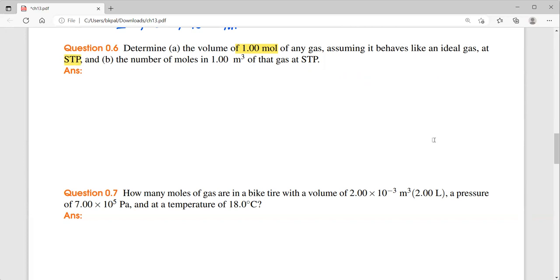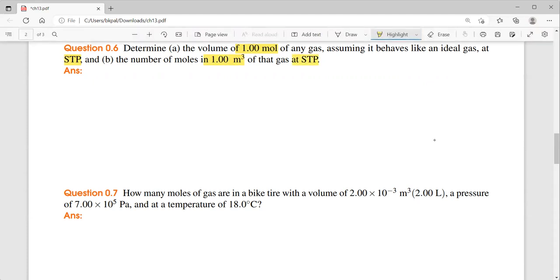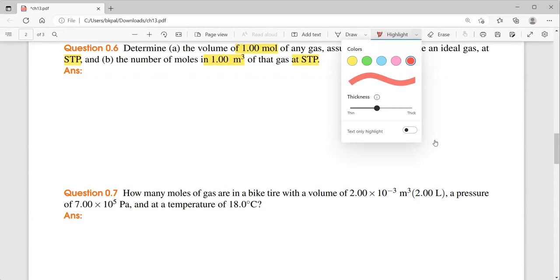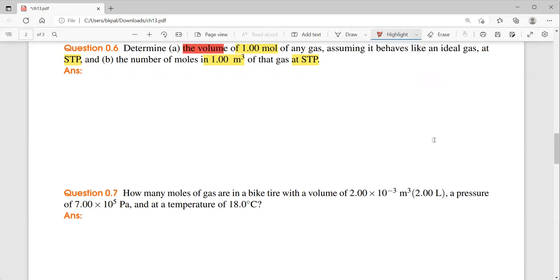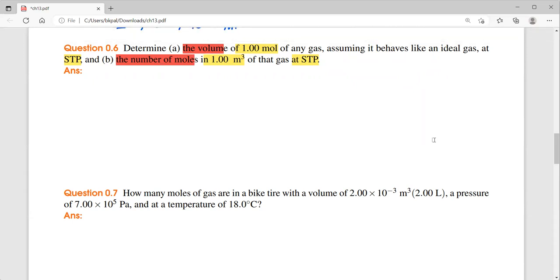So here it says STP. Although it didn't give you the numbers, by STP you should know what the pressure and the temperature are. And for number B, we are given the volume, again at STP. For the first one, we have to determine the volume, and for the second one, we have to determine the moles.